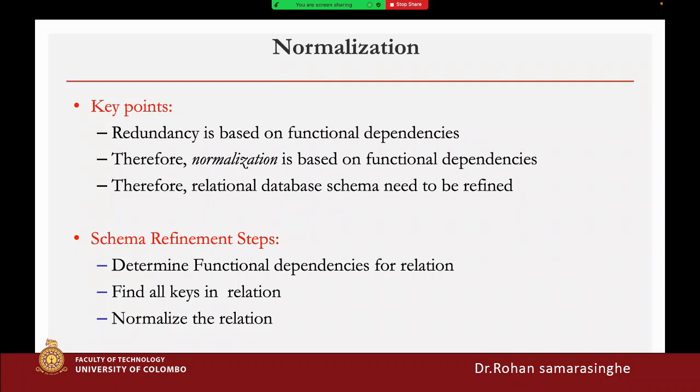Therefore, the relational database schema needs to be refined. Schema refinement steps are: determine the functional dependencies of the relation, identify the functional dependencies, find all keys in the relation, and normalize the relation.